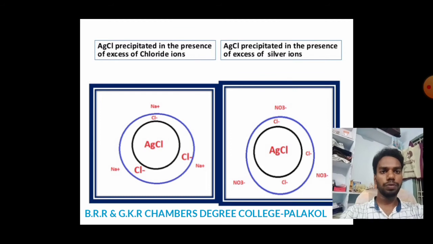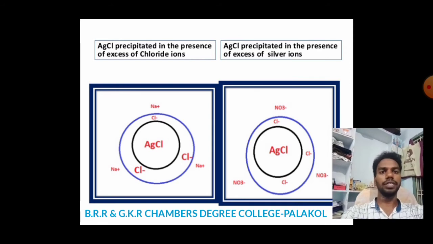AgCl precipitate will be formed. Initially chloride ions are more, so by adding Ag+ ions, AgCl precipitate forms in the presence of excess chloride. That's the first case, before the end point.